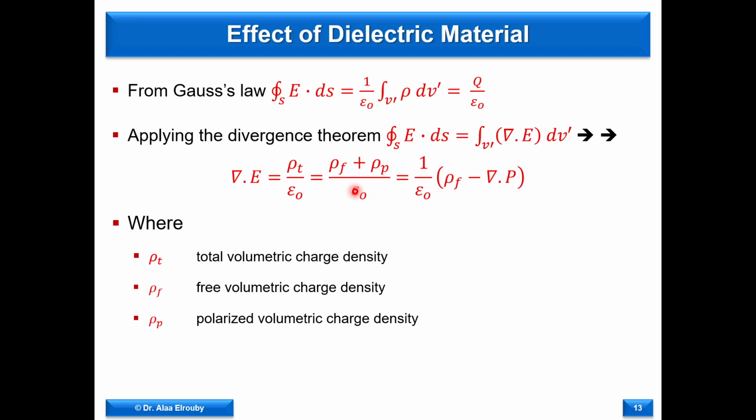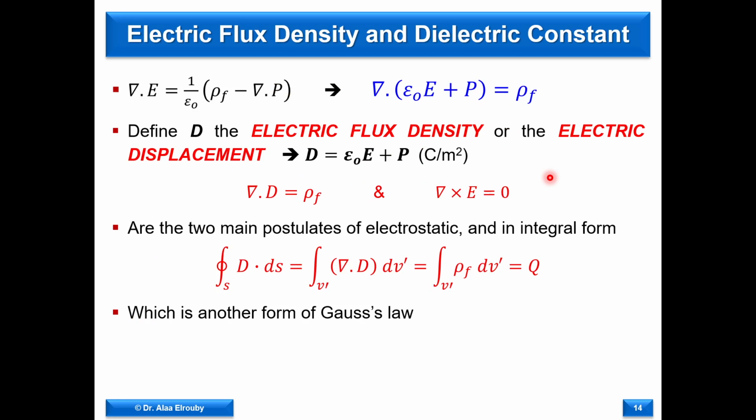So here, let us review the terms that we have. Rho t is the total volumetric charge, which is composed of two kinds, the free charge and the polarization charge. Rearranging this equation, we can bring the divergence to the other side.